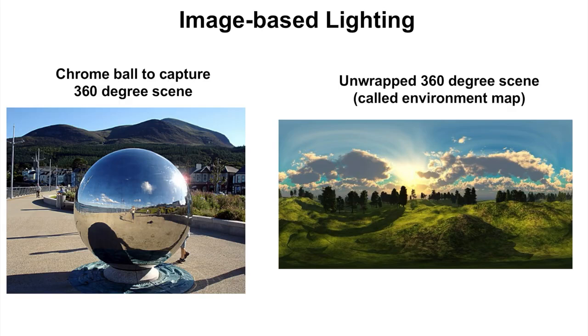And then lighting, how do we do lighting? This is a typical way for lighting, image-based lighting, in short, IBL. There are many light sources in this environment, right? How can we capture the 360-degree scene then? This is one way to capture 360 degrees.